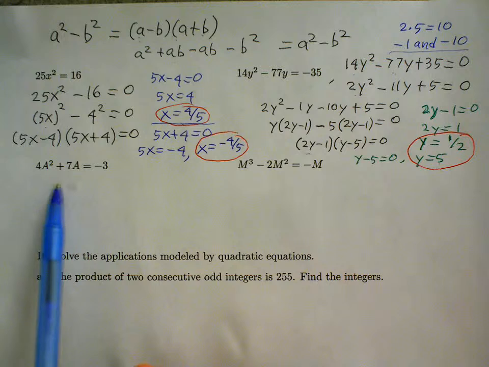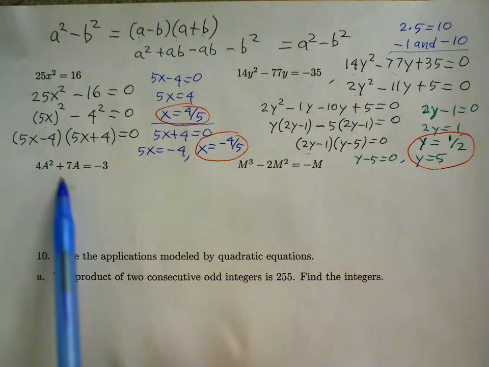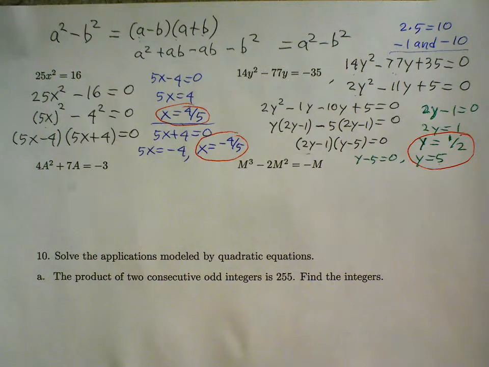The next equation, 4a squared plus 7a equals negative 3.